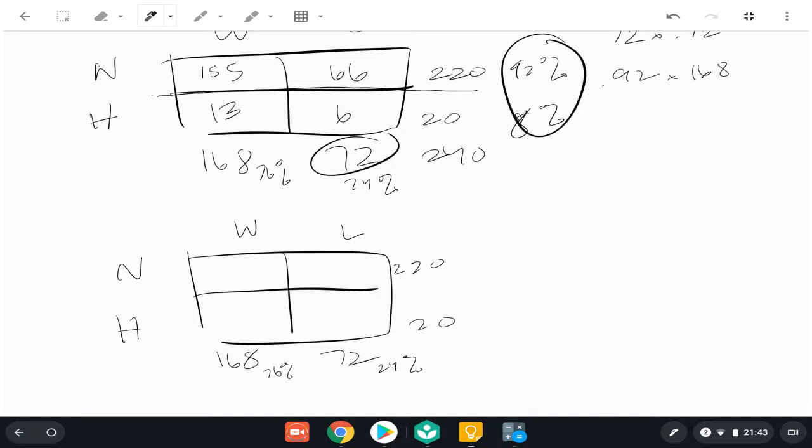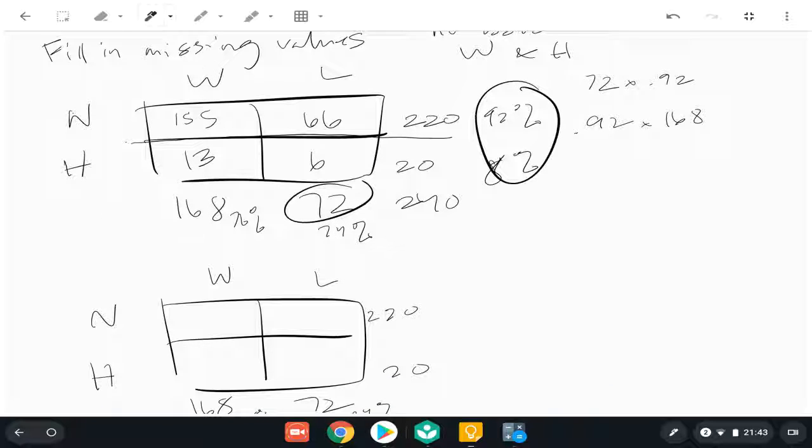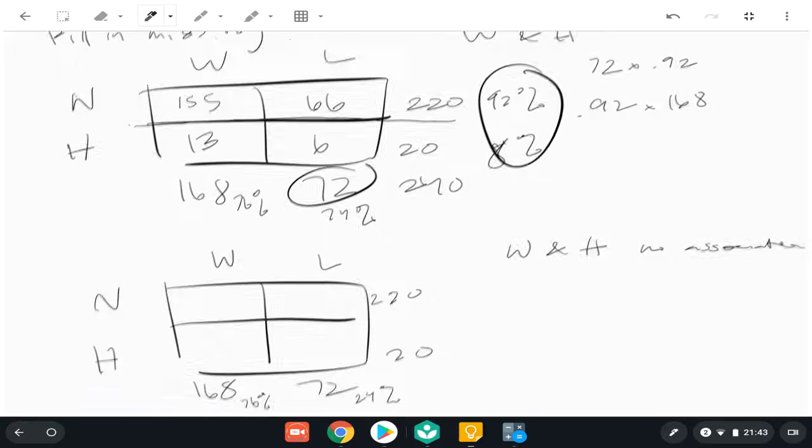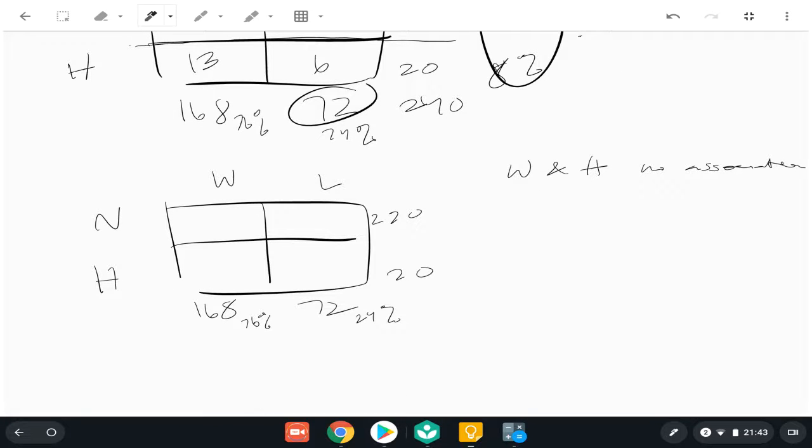So, winning and harsh conditions. No association. So that means normal or harsh is going to be similar distribution of wins and losses.